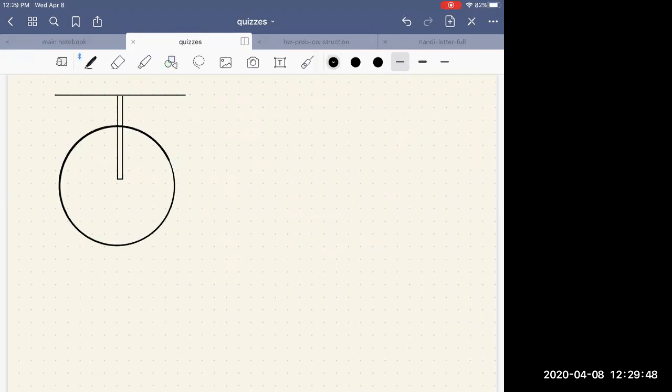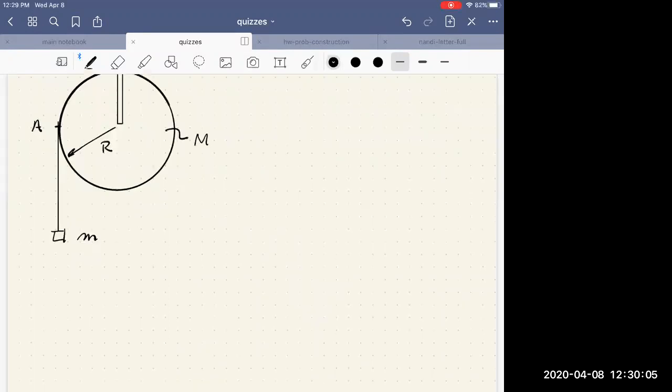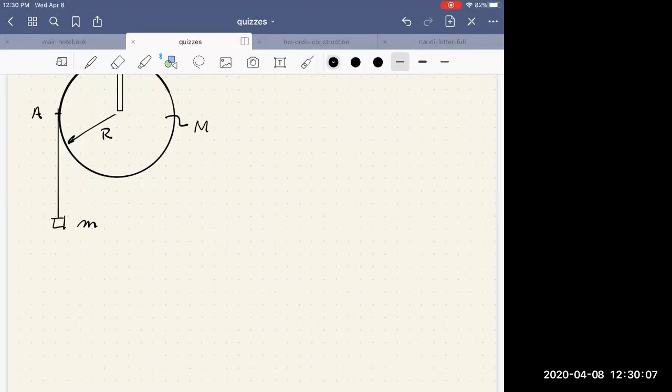Okay. And then you have, let's say, a string, and you attach a mass here. Call this mass small m. This mass is big M. The radius here is R. Let's call this point A. And let's call the ground level B.